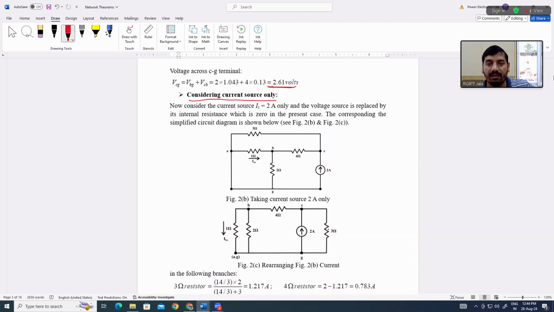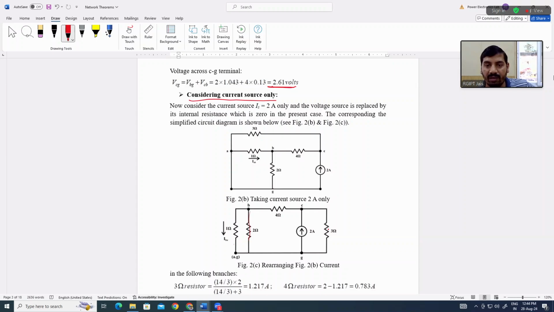This resistor and this resistor are in parallel. If we rewrite the circuit, this is 1 ohm, this is 2 ohm, both in parallel, and in between B and C, a 4 ohm resistor is there.